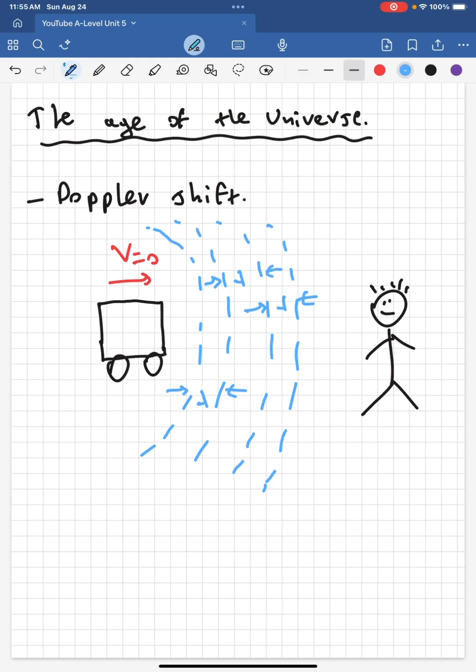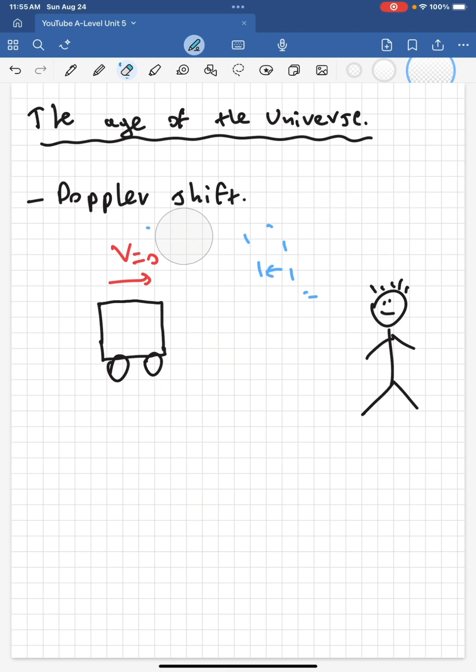But if the ambulance is moving, let's erase this and let's see what's gonna happen. Okay, so let's delete this. And now let's say that v is larger than 0 and it moves towards me. Then the wave fronts will get compressed, if you will, meaning that lambda will shrink.